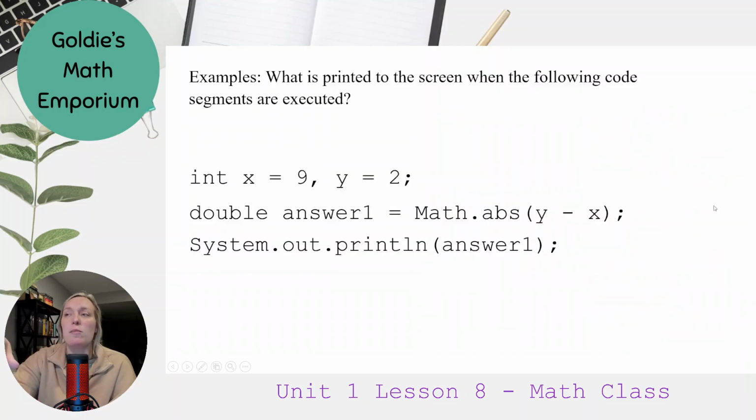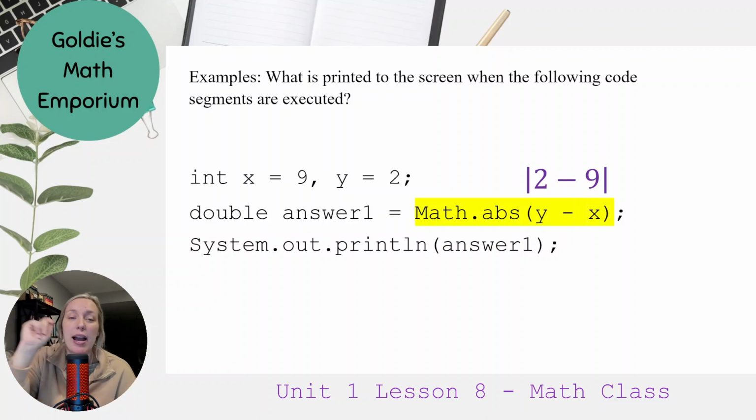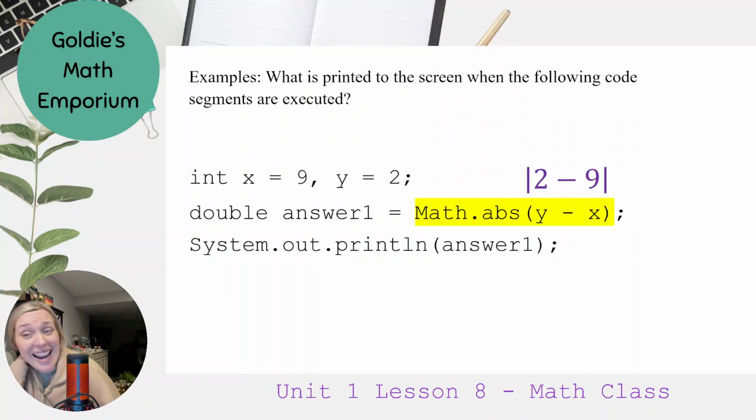One of the ways we test you on this is to see if you can trace through and see what's executed. So if I have int x equals 9, y equals 2, double answer1 equals math.abs(y minus x), I've got to evaluate that. y is 2 and x is 9, and abs is the absolute value of that difference.